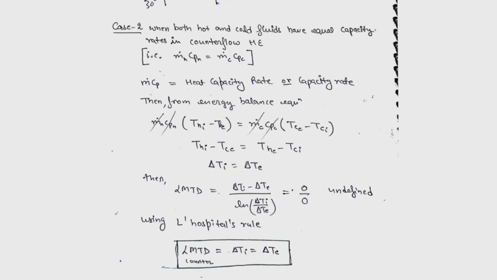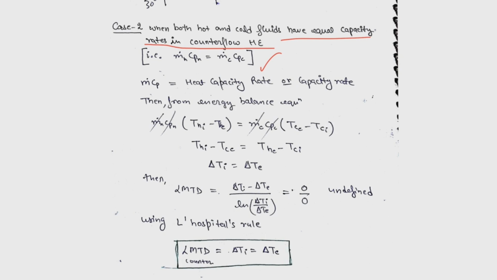The second case is when both the hot fluid and the cold fluid have the same or equal heat capacity rates. If you remember, we have already solved a problem on this concept. It is given that m dot H Cp is equal to m dot C Cp.